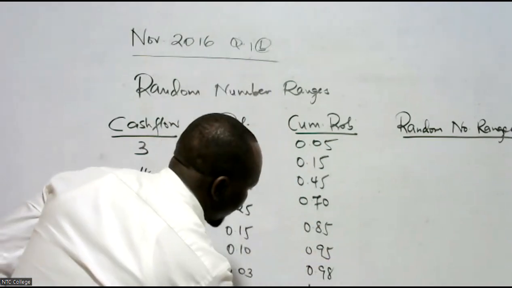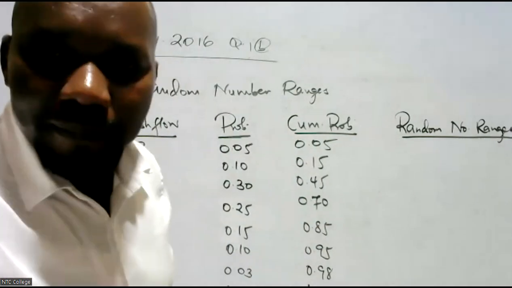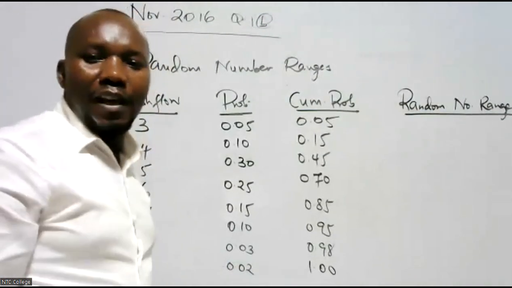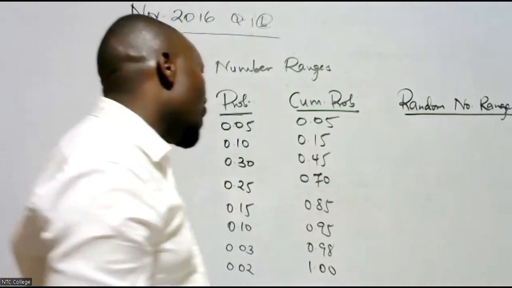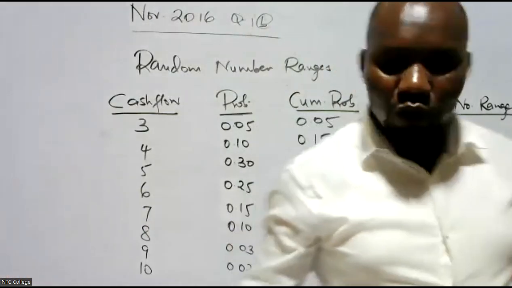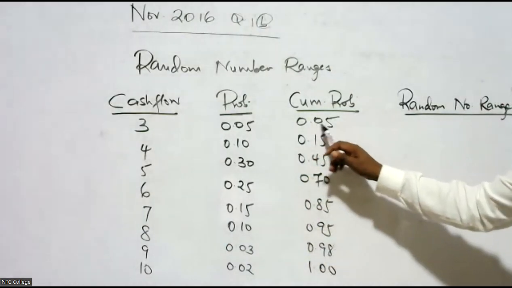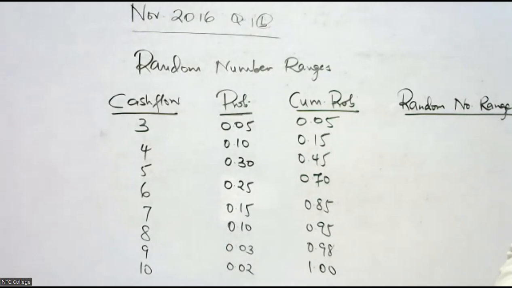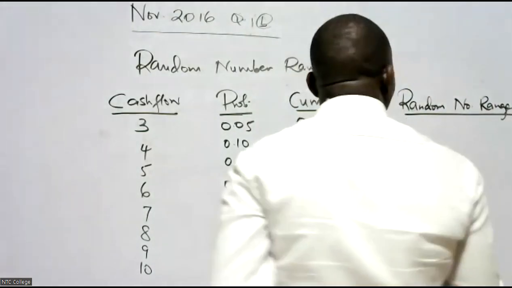Then we have 1.00. Up to there we are fine. Now you have to expand. Again, look at the probabilities. We have 2 decimal places, so we need to have 2 digits. So we start with the first one.